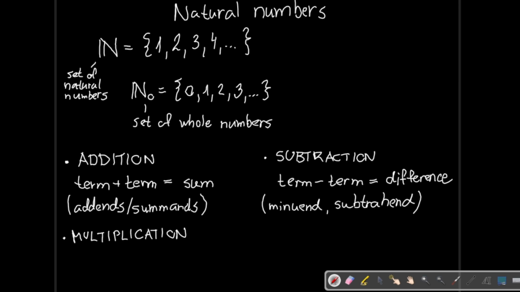Here we do not have terms, but rather we have two factors. So we have one factor times the other factor, and the result here is called a product.